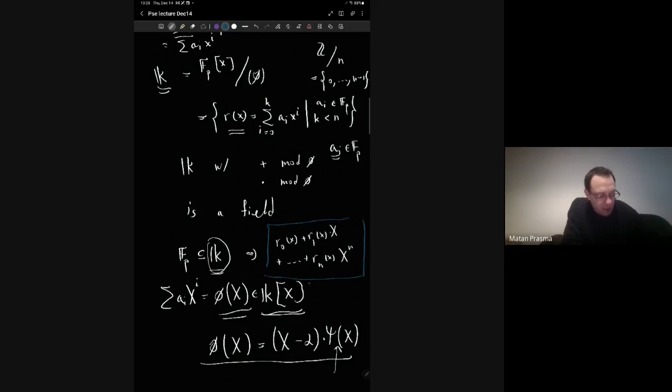This blue box is a typical element in K[X].